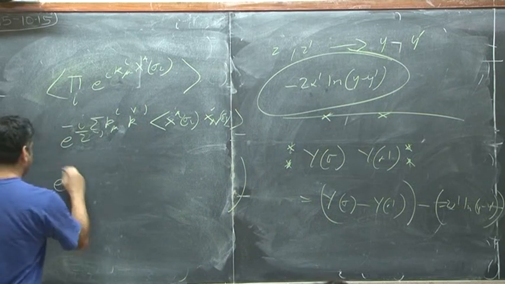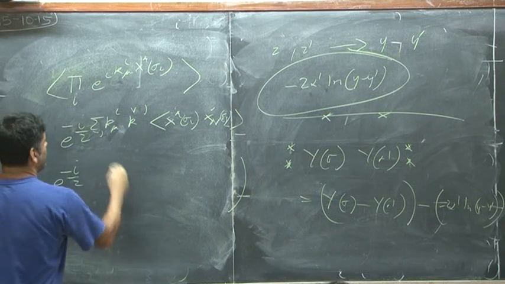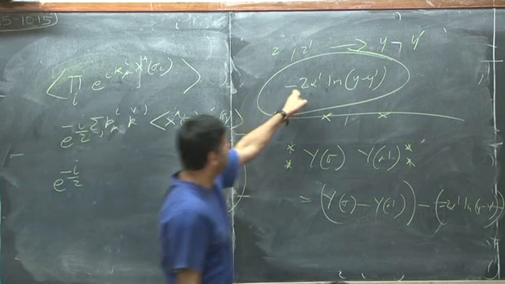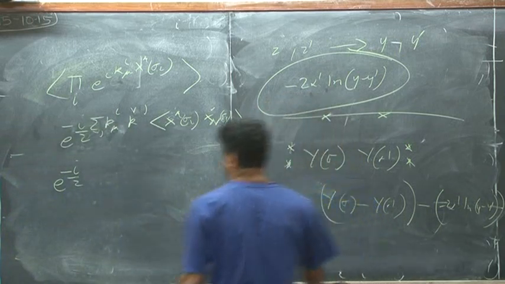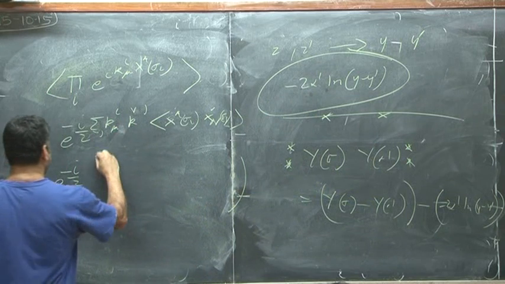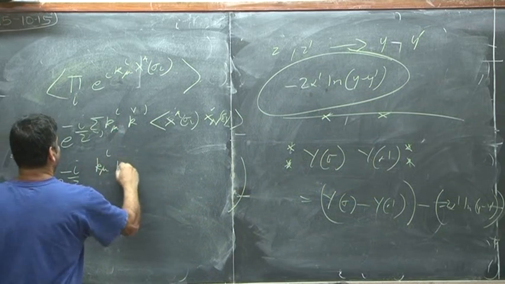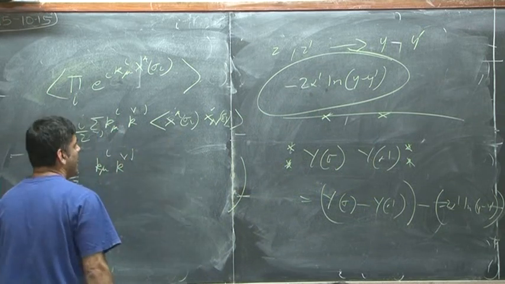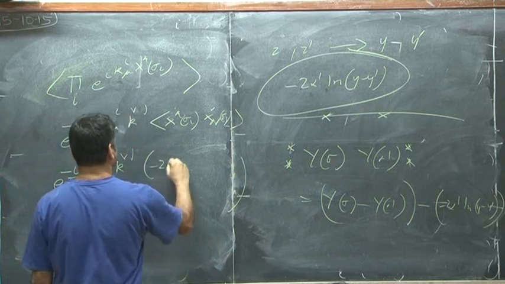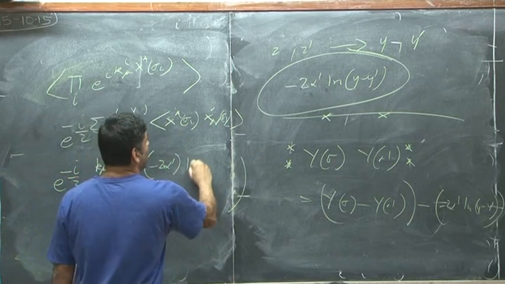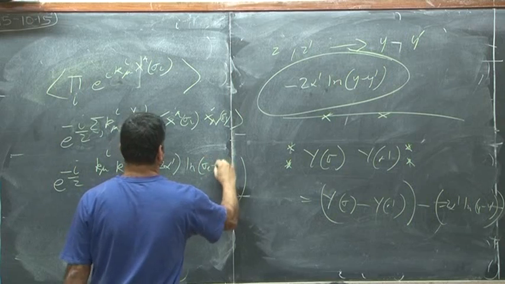Okay. So now I use this. I get e to the power minus i by 2. So this object was what? Now we've got e to the power minus i by 2, k mu i, k mu j, and this was minus 2 alpha prime log of sigma i minus sigma j.